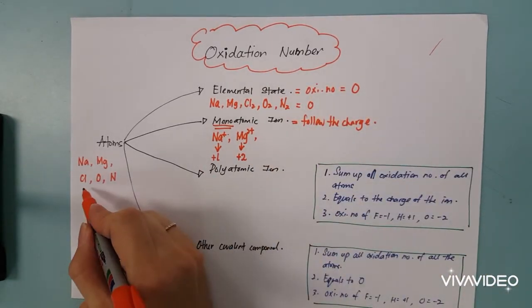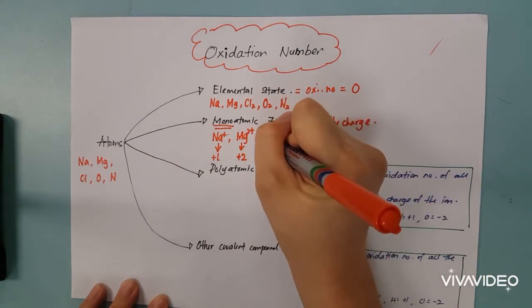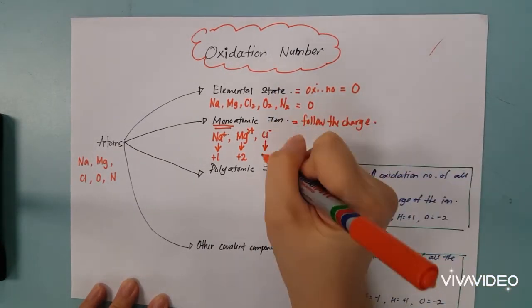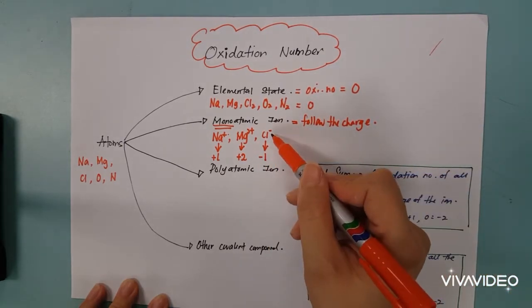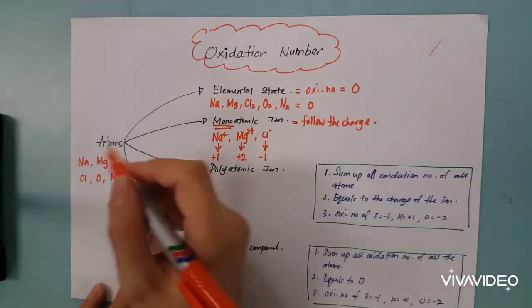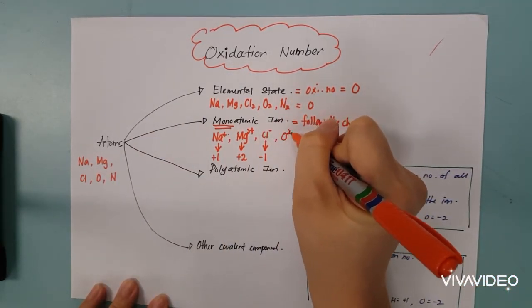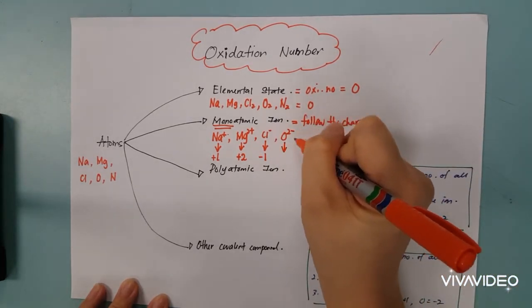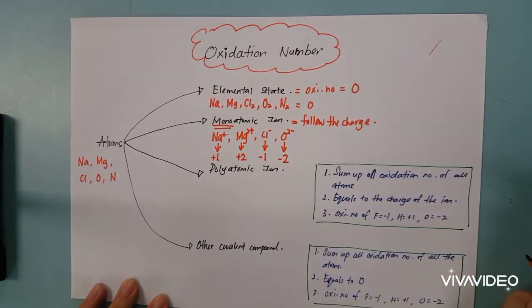Now how about chlorine? The chlorine atom will form the chloride ion. So when it exists as an ion, the oxidation number becomes -1 because we are following the charge of -1. Next, oxygen will form an ion with formula O2-. So when oxygen exists as an ion, the oxidation number would be -2.